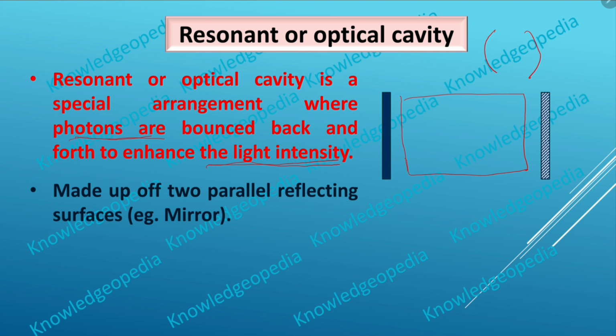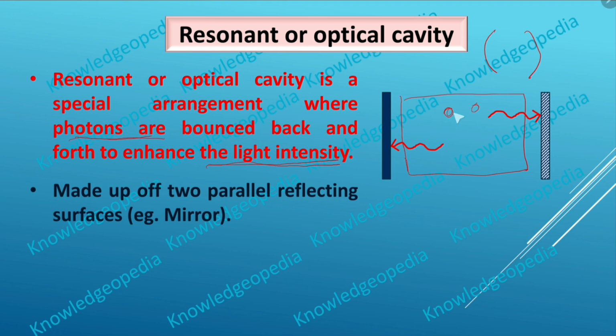Now when photons are moving through this active medium and hitting these two reflecting surfaces, let us see what is happening. So this is a photon. If it moves from here, when it hits this mirror, it will bounce back and start moving towards the first one. While these photons are moving through this active medium, they will hit the atoms in the excited state.